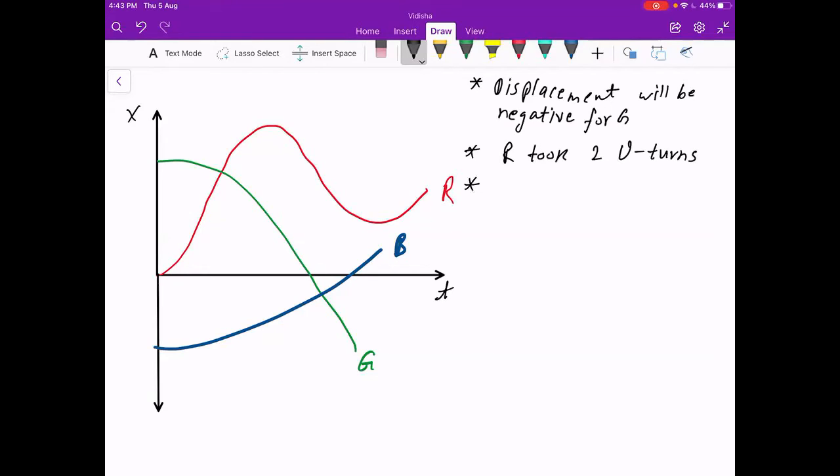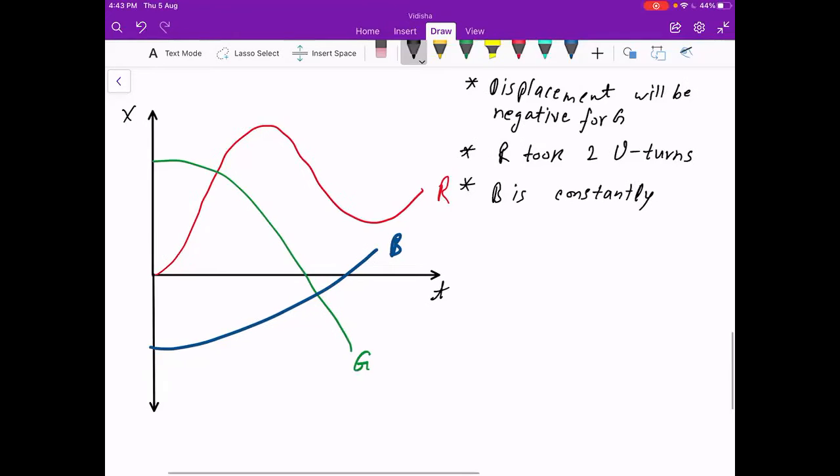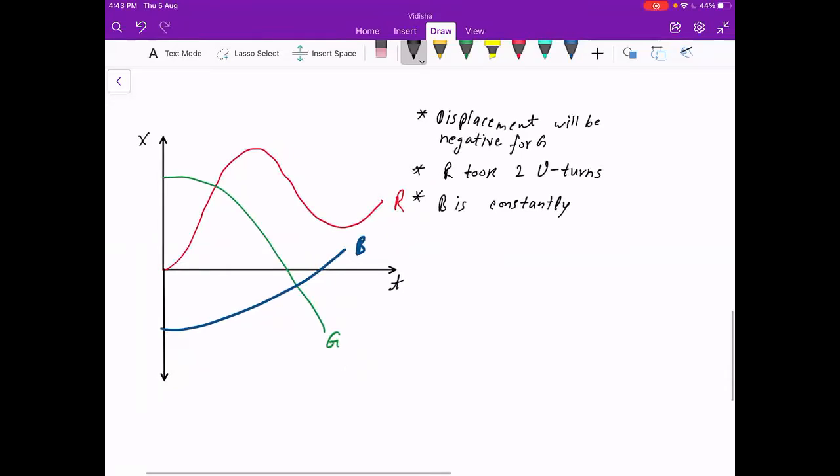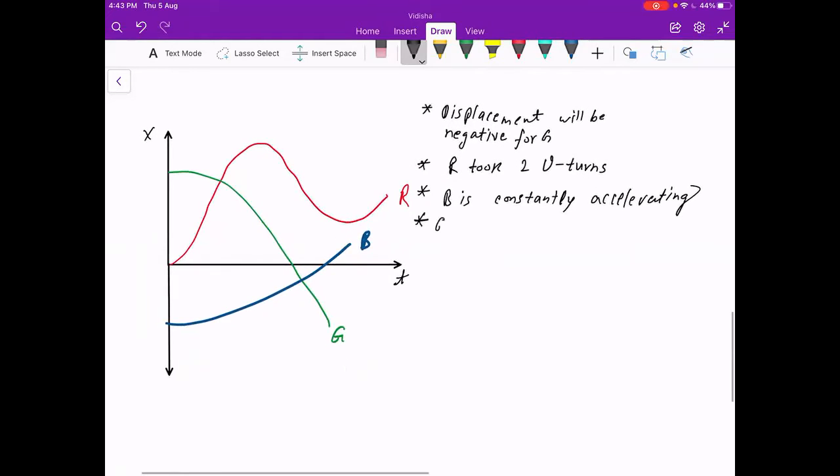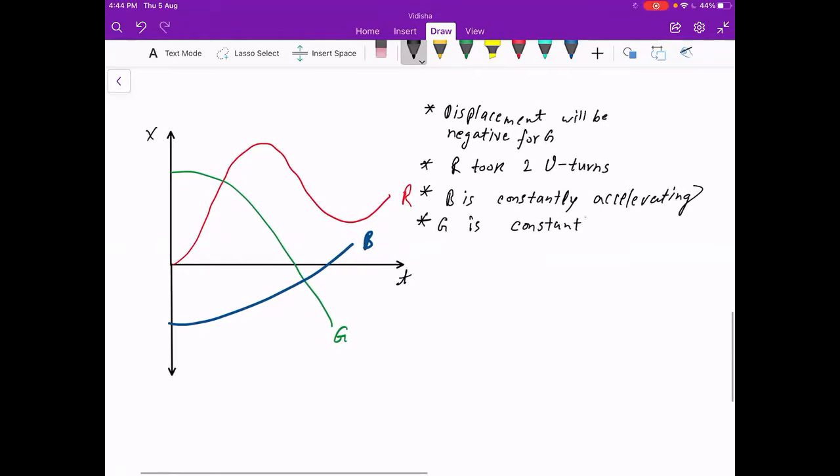So I can say that B is constantly accelerating. That's what I wanted to hear from you, which you didn't say. B is constantly accelerating, whereas G is constantly decelerating. That is, it is reducing its speed constantly.